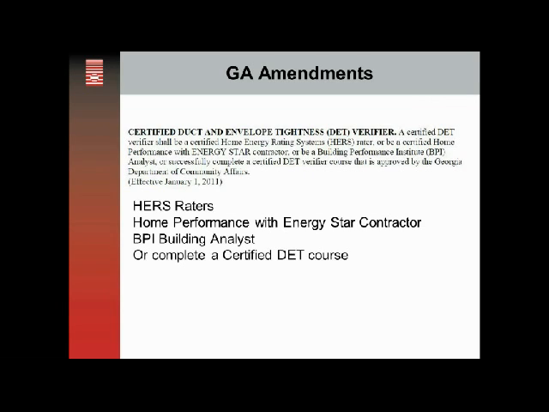So this was an amendment put together working hand in hand with the folks at the Department of Community Affairs in Georgia. So again, HERS raters, Energy Star contractors, BPI analysts, or the final option is to go through a 1 or 2 day DET verifier course.